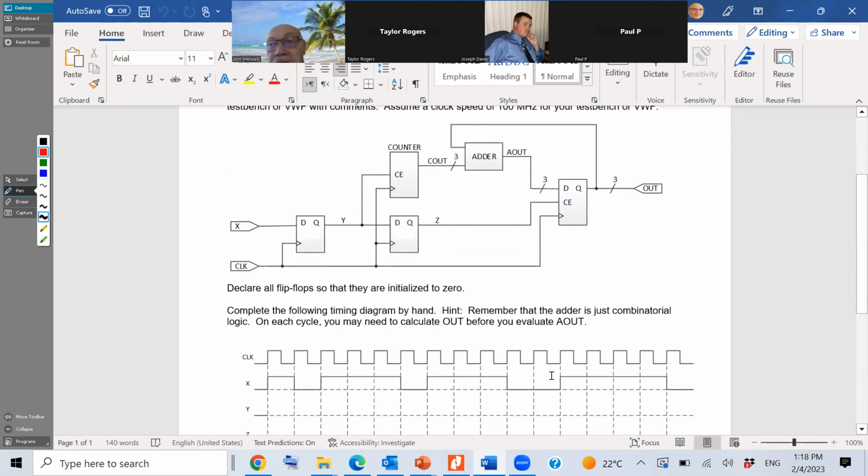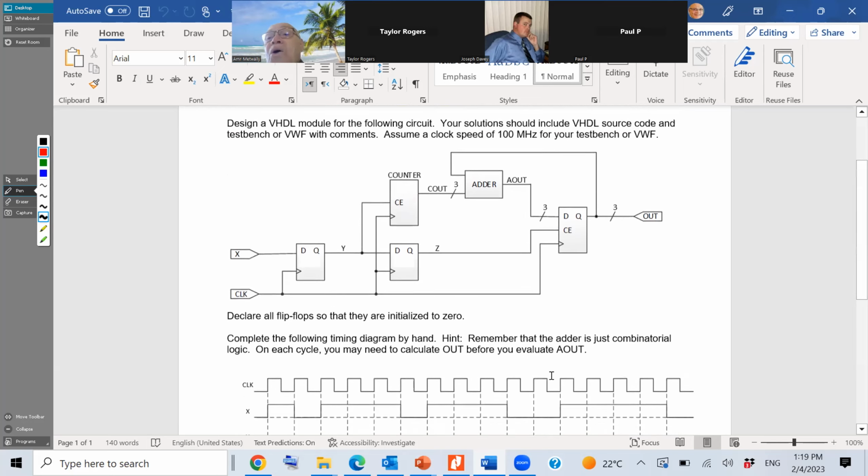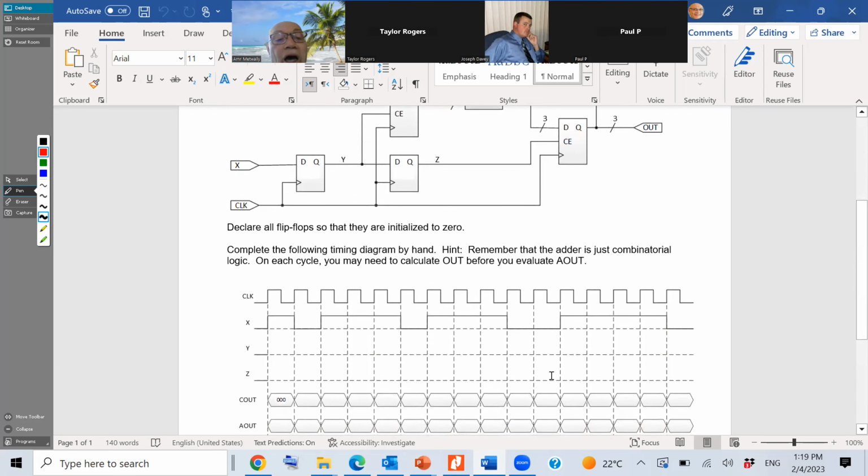Let's go step by step. Here, this is my clock and this is my X. What will be Y? Joe? At the first rising edge of the clock, the Y will be a 0. No, just a moment, at this edge, what will I have?